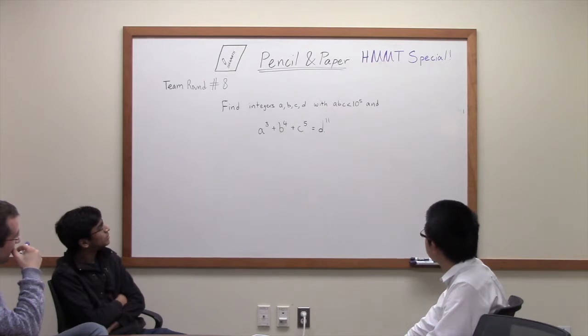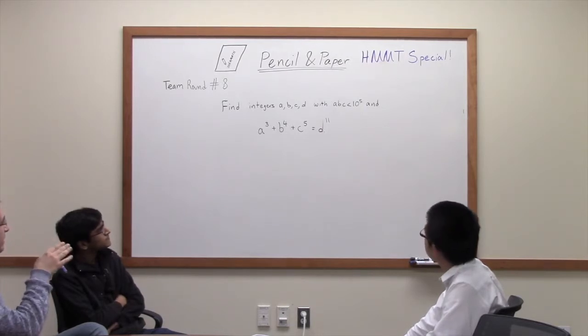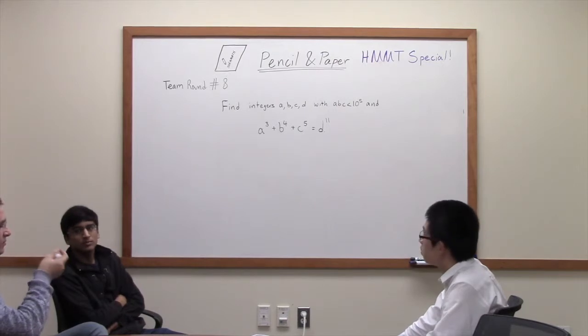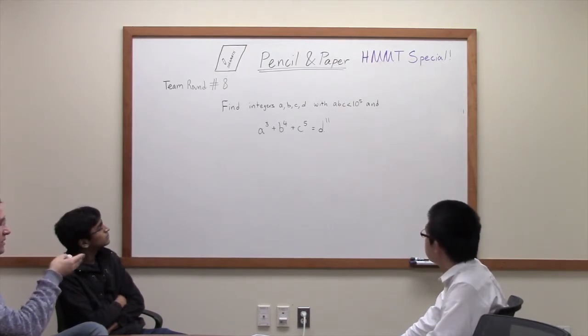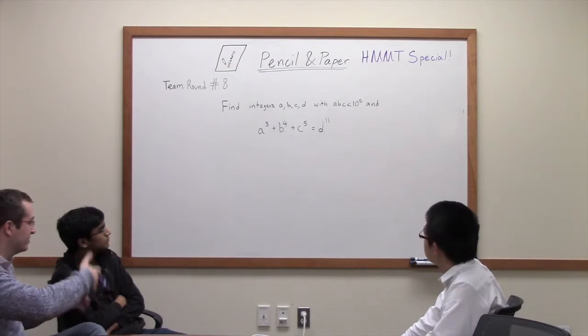So what can we try? Well, you don't want to experiment when a, b, c, and d are all different bases. So you want to make a, b, and c the same number, or the same number to some power.